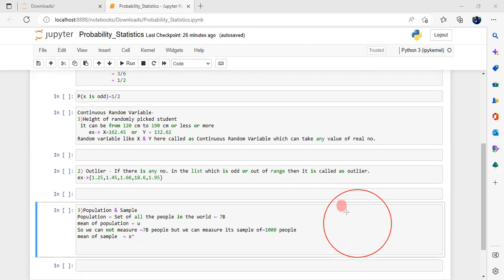As the sample size increases, assume I'm increasing my sample set, you can see that it is becoming near to your population, right?